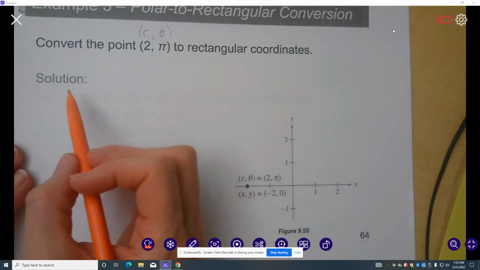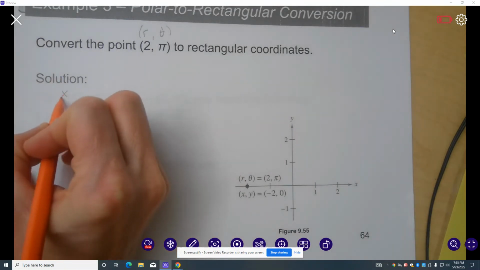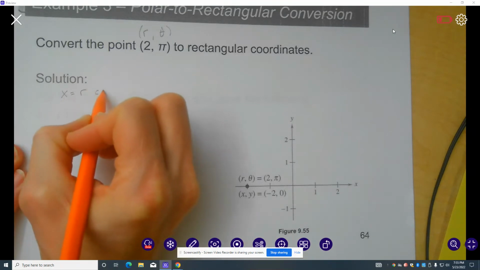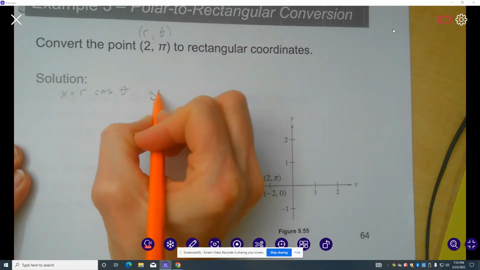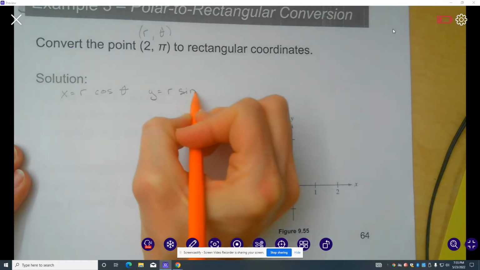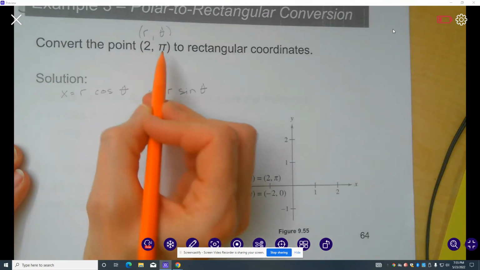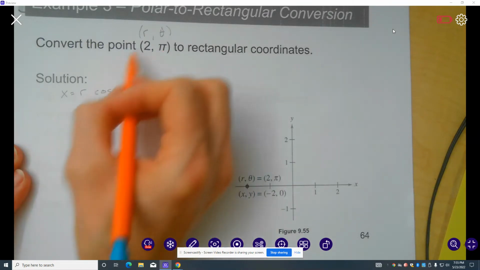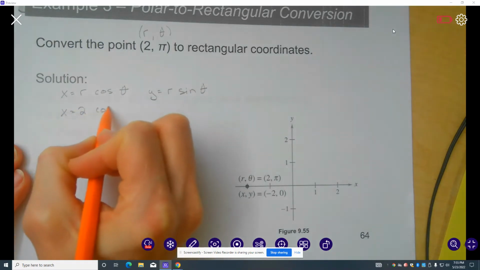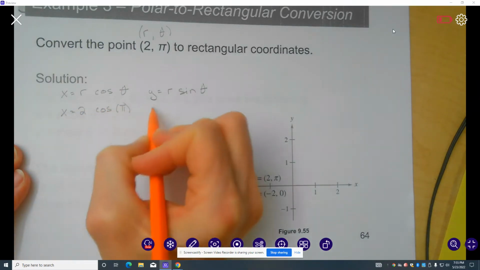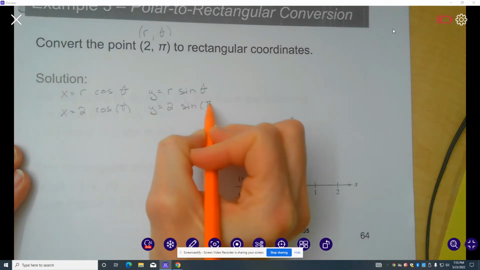So I think it's easiest to start with remembering that x is r times cosine of theta and y is r times sine of theta. Now, theta we know is pi and r we know is 2. So x is going to be 2 cosine of pi and y is going to be 2 sine of pi.